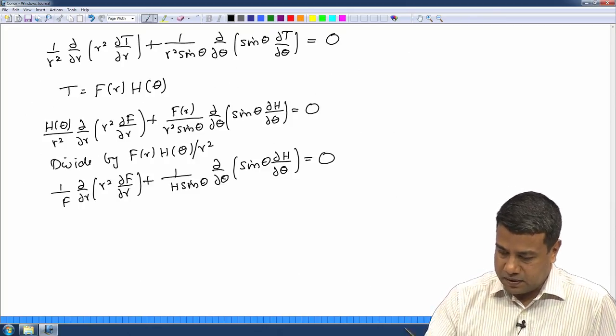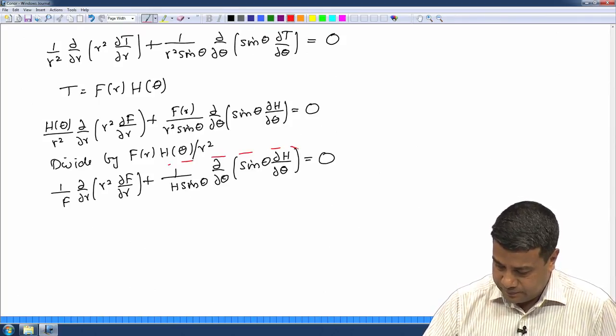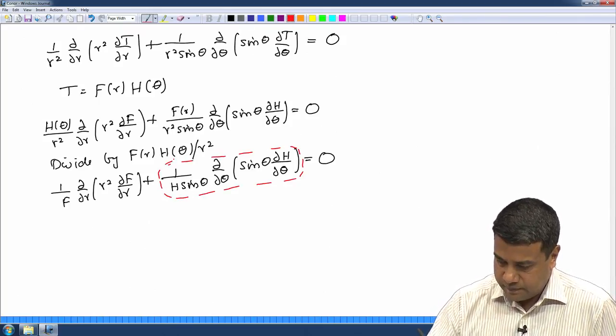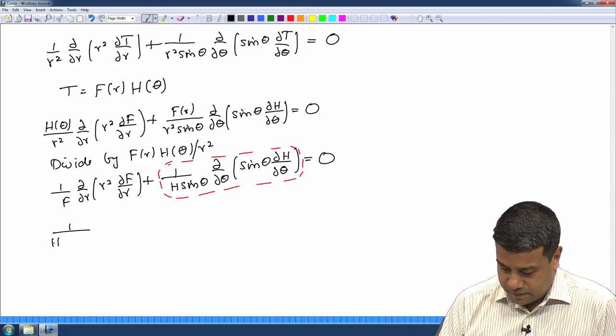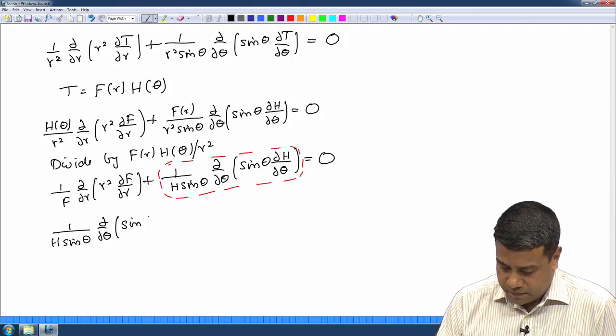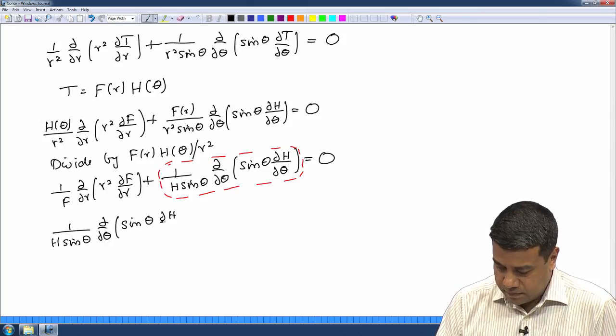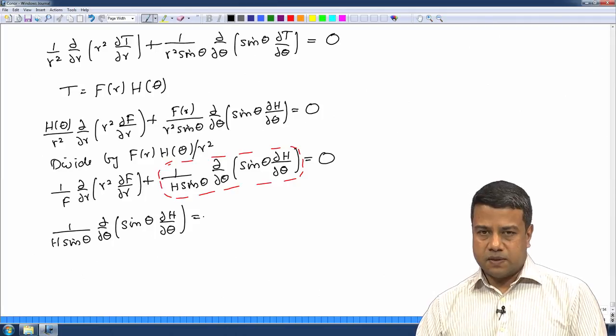Now, let us take the second term first. It is equal to some constant.